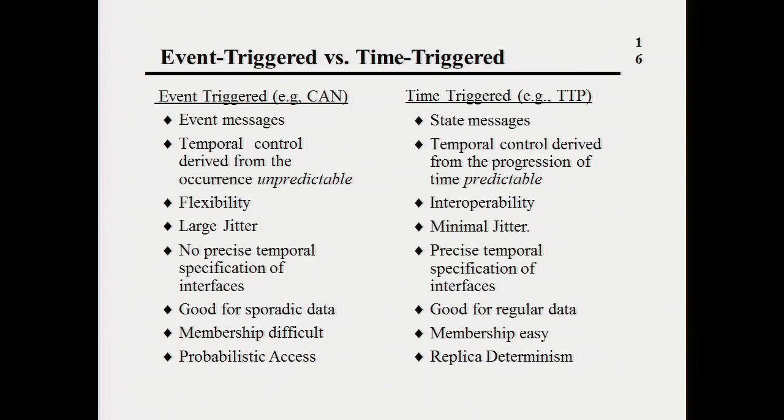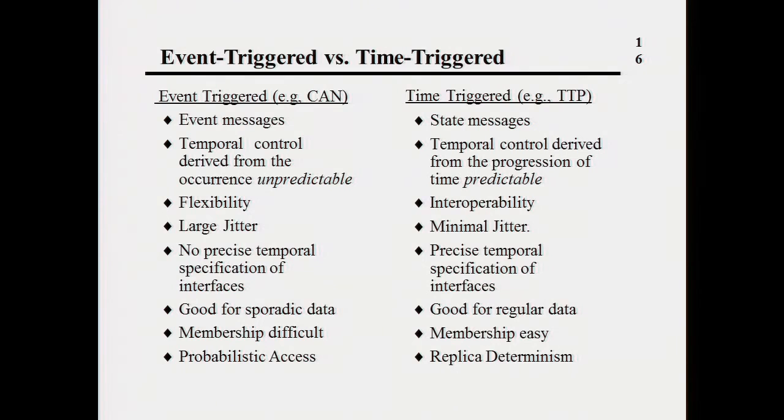You have large jitter in event-triggered, and of course minimal jitter in time-triggered because you have these boundaries that are slotting the time. And so the maximum jitter you can have is the interval between the two boundaries of the slot of the TTP. In the event-triggered, you have no precise temporal specification of the interfaces. On the other hand, in time-triggered, you have precise temporal specification.